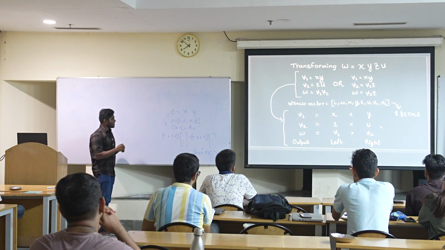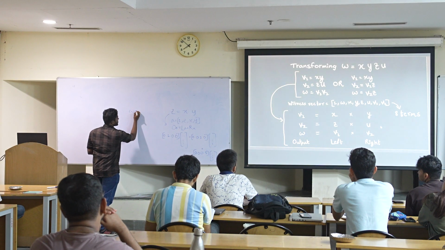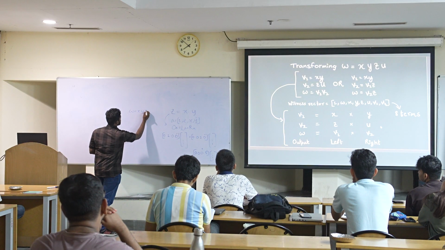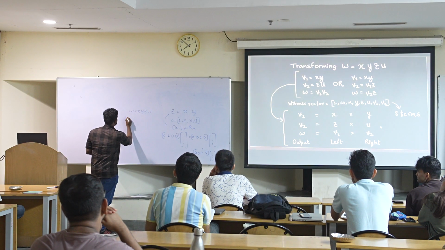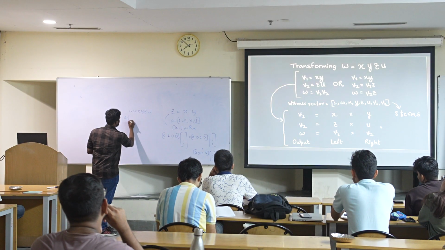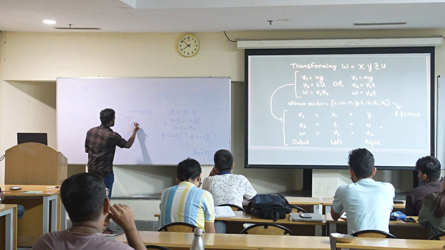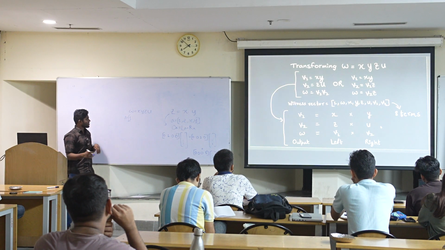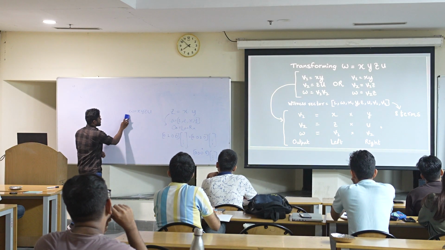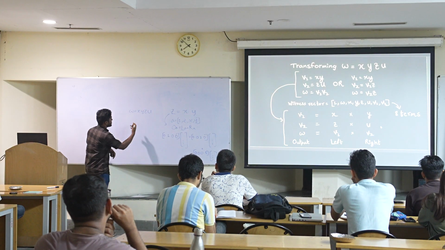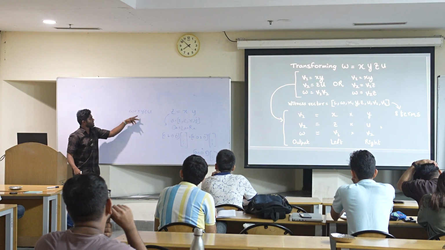Okay. Write it here. W equal to X, Y, Z, U. So our witness vectors will be 1. Okay. So first we'll compress them. Well, we can compress them in two ways.